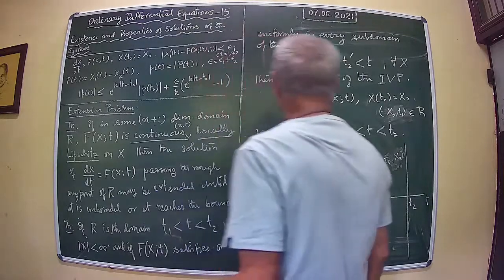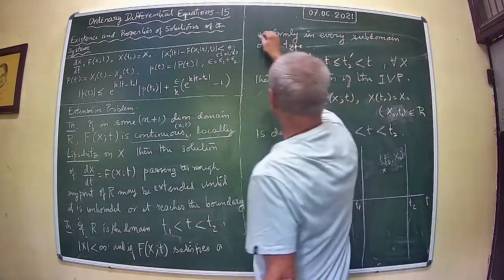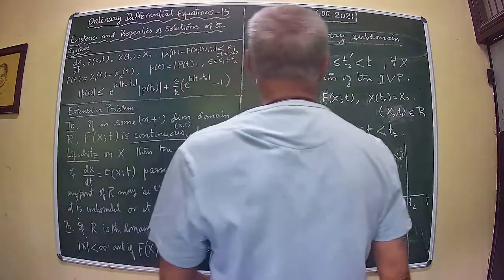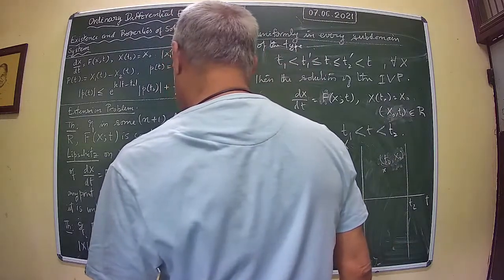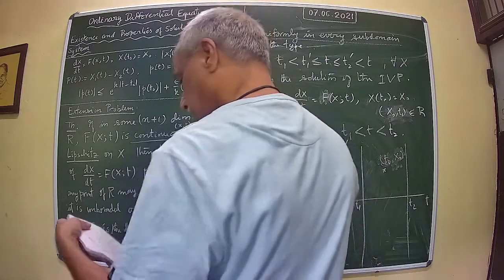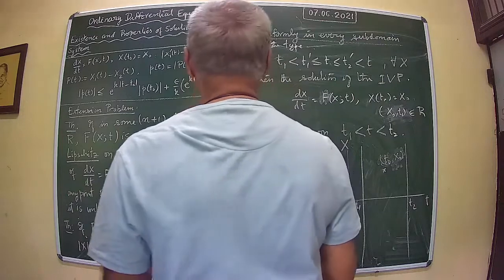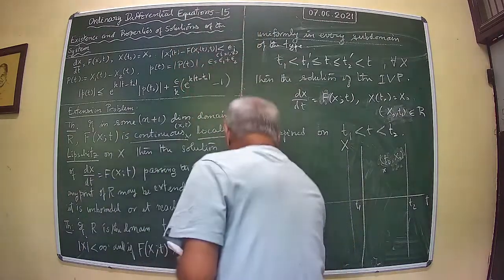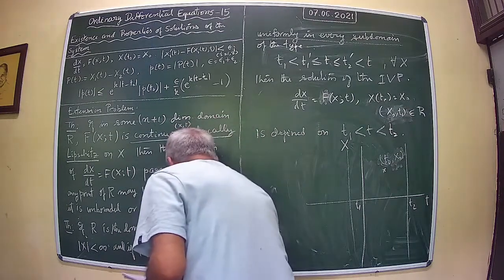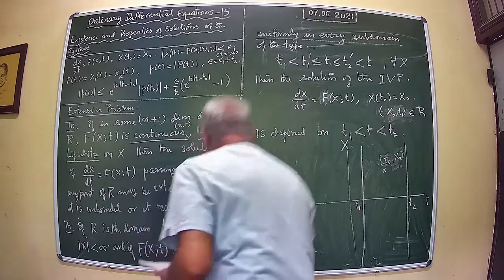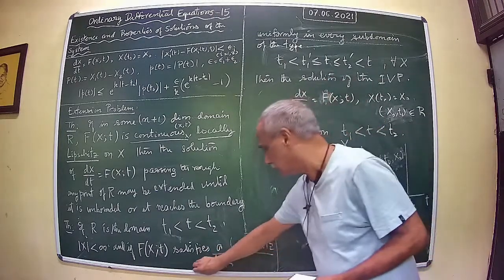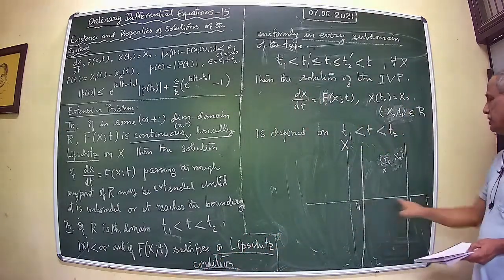In short, if this condition of uniformity in the Lipschitz property, did I not write that? So what is the condition that you have? F(x,t) satisfies a Lipschitz condition uniformly in every subdomain. So that's the crucial condition. Then the solution is defined on the entire interval.